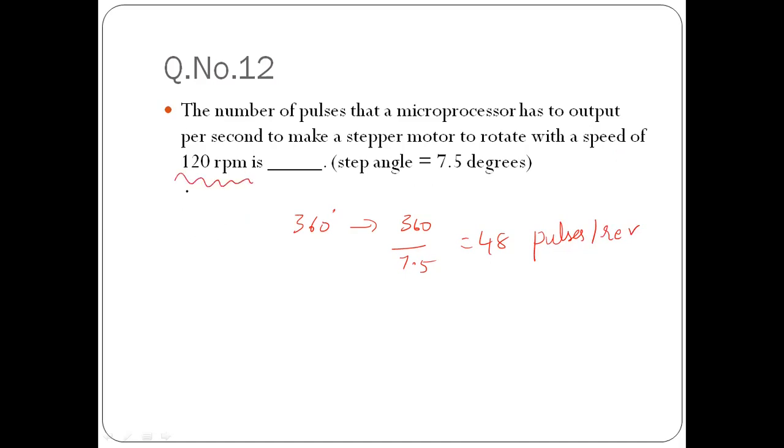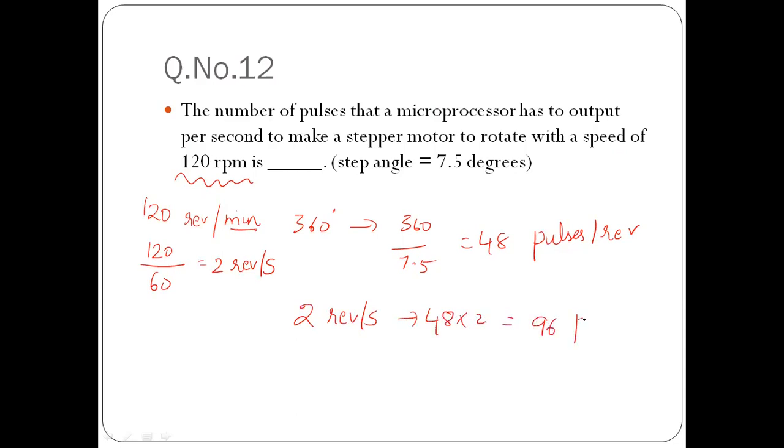That means 120 revolutions per minute. Now we'll convert that to per second. To convert minutes to seconds, we divide by 60. So that is 2 revolutions per second. For 2 revolutions per second, it should be 48 into 2. So that is 96 pulses per second.